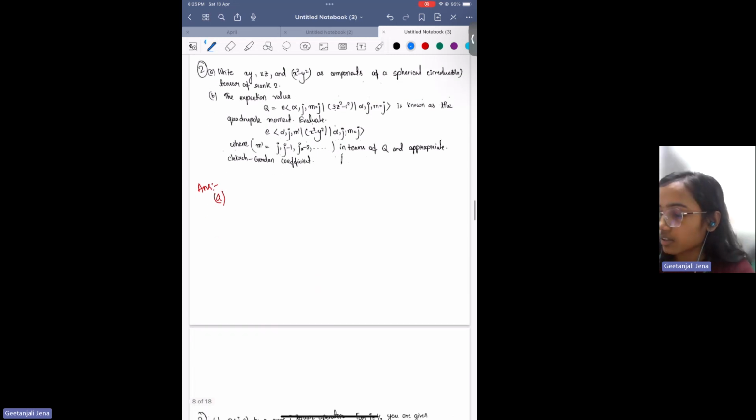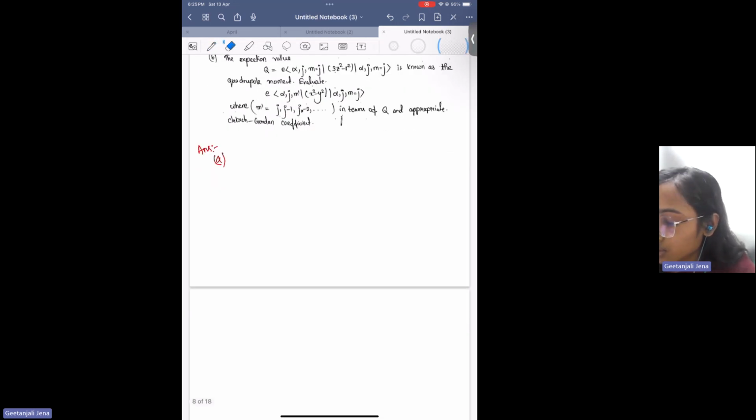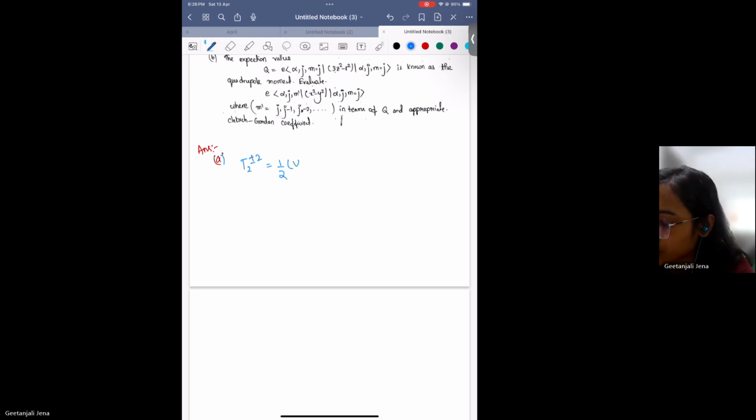So let me write down the expression for the spherical tensor, then we'll solve it. For t2 plus or minus 2, the expression was half ux vx minus uy vy plus or minus i by 2 ux vy plus uy vx.